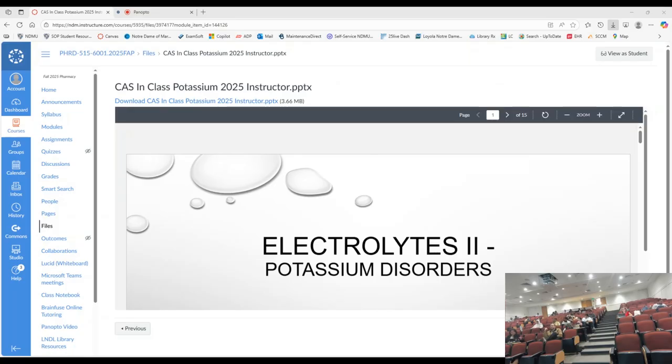Okay, so treatment of hypokalemia, the goals would be to prevent and treat life-threatening consequences of hypokalemia, so low potassium, okay? You also want to identify hypomagnesemia and treat that concomitantly with administering potassium.